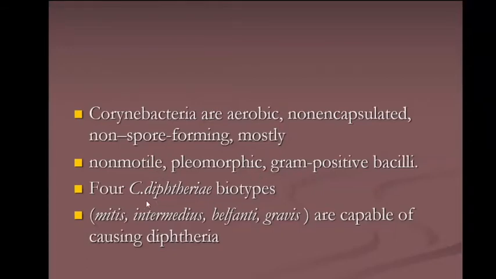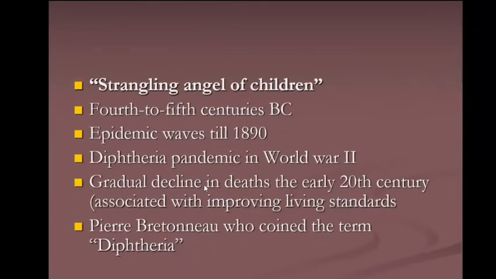Four biotypes of Corynebacterium diphtheriae are known: mitis, intermedius, belfanti, and gravis. Among them, gravis causes the more serious infection. It has a long history, from the 4th, 5th centuries BC, and there were many epidemics in the 17th, 18th century until World War II.